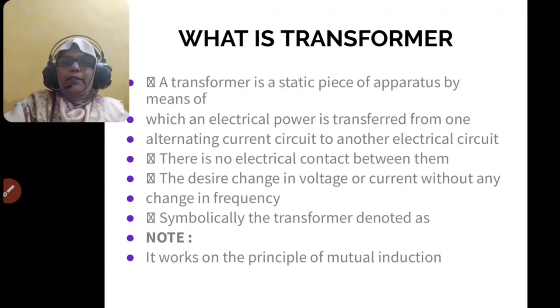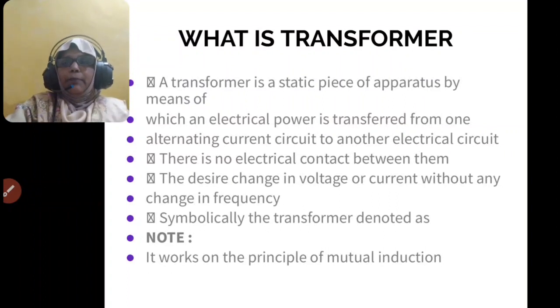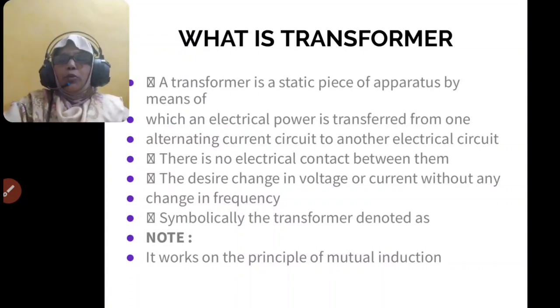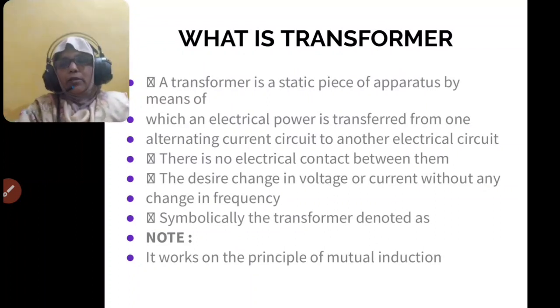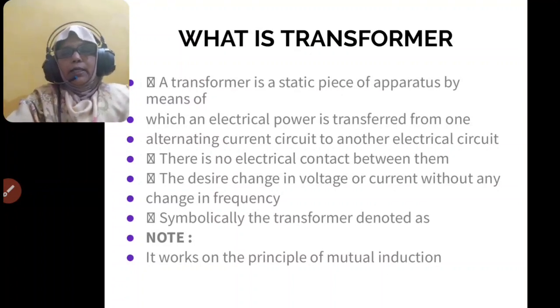That is, it helps in transforming electric power from one circuit to another circuit without any change in frequency. In addition to this, the voltage can be raised or lowered in a circuit, but with a proportional increase or decrease in the current ratings.